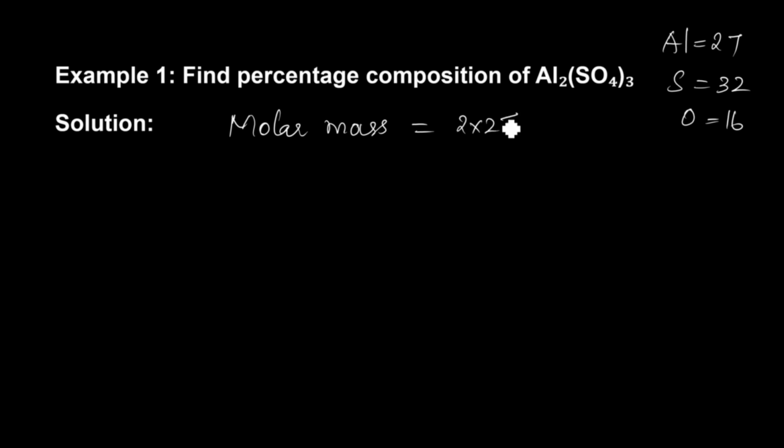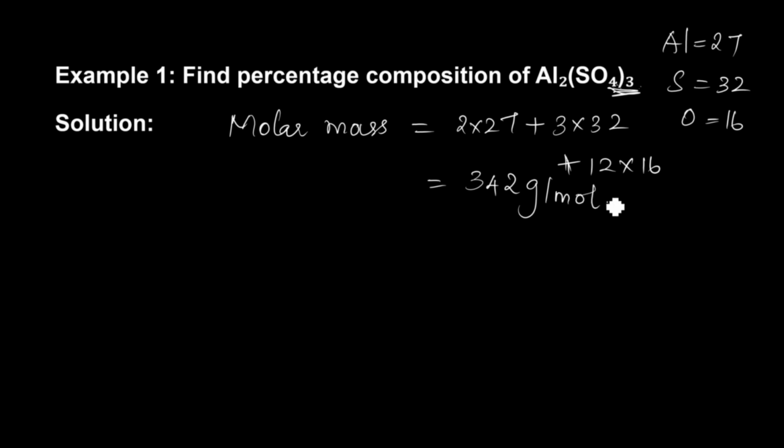There are 2 aluminium, 3 sulfur, and oxygen is 4 into 3, 12 oxygen. 12 into 16, and the total comes out to be 342 gram per mole. That is the molar mass of aluminium sulfate.